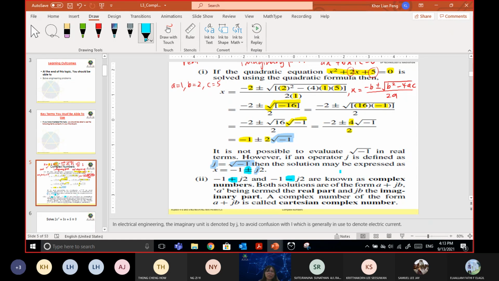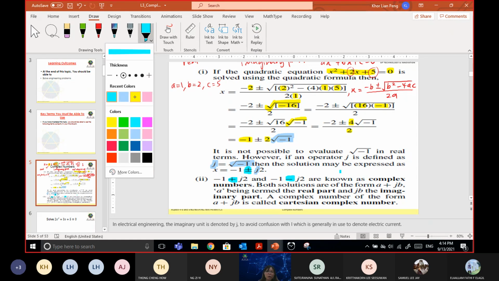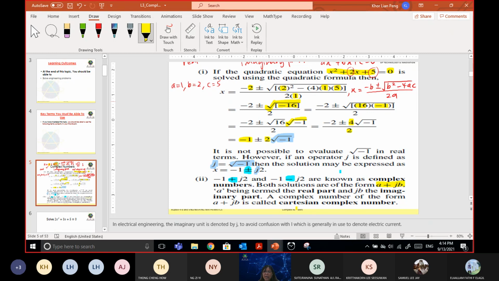For complex numbers in general form, we write it as a plus jb, where a is the real part and jb is the imaginary part. A complex number of this form, we call Cartesian complex numbers.